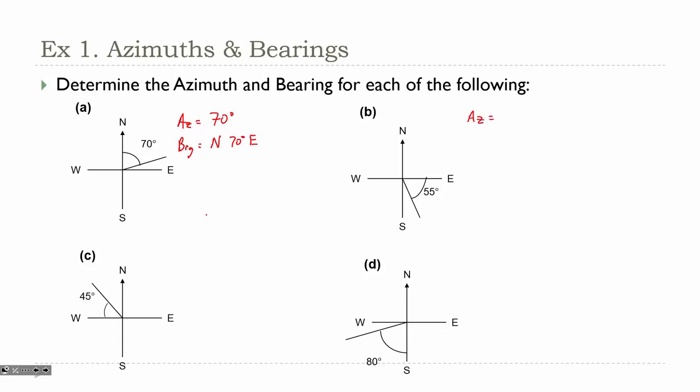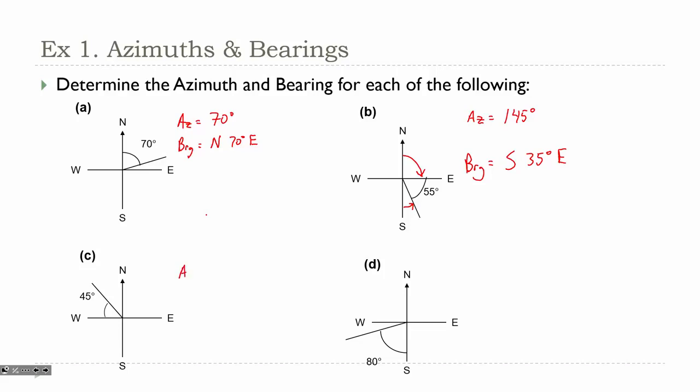You got that by 90 plus 55. Bearing? South 35 east. Looking for this angle here, 180 minus 145 gives you 35, and it's measured to the east.